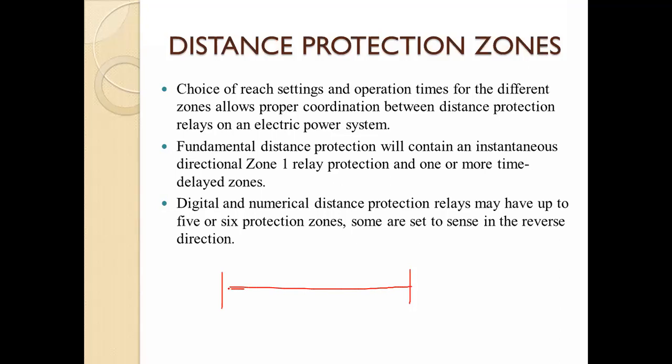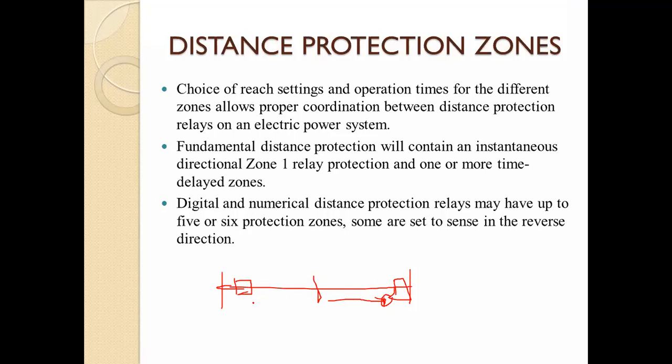One zone only I am considering. So at one end I am considering one relay, and at another end I am considering another relay. If a fault is occurring here, the relay nearest to this fault point should operate first.